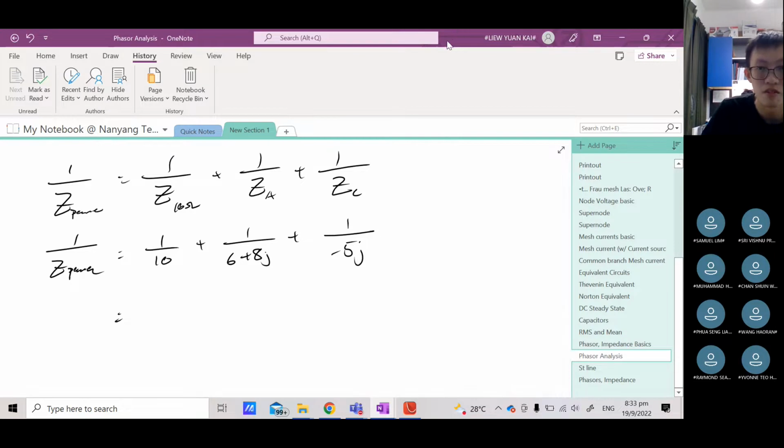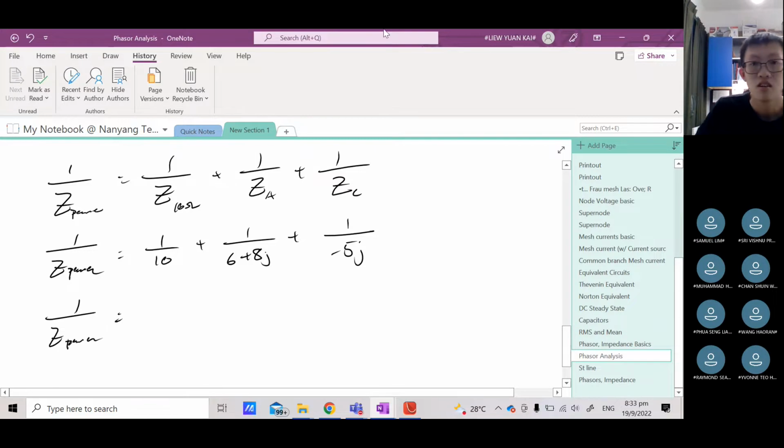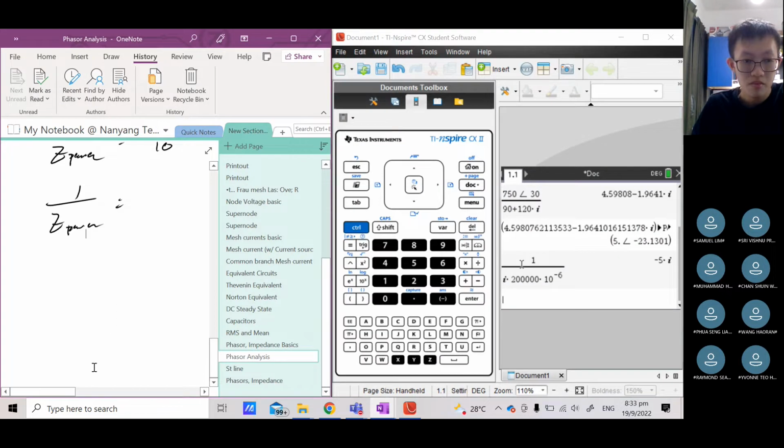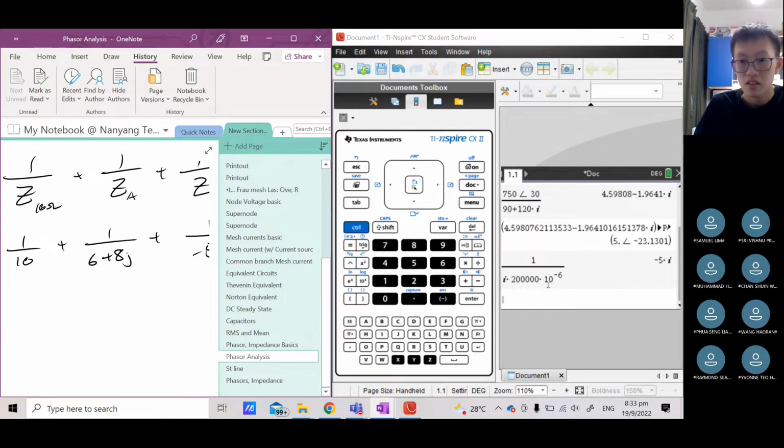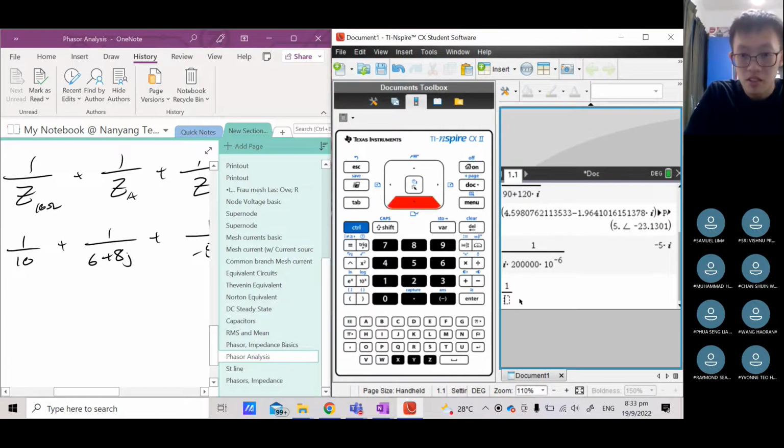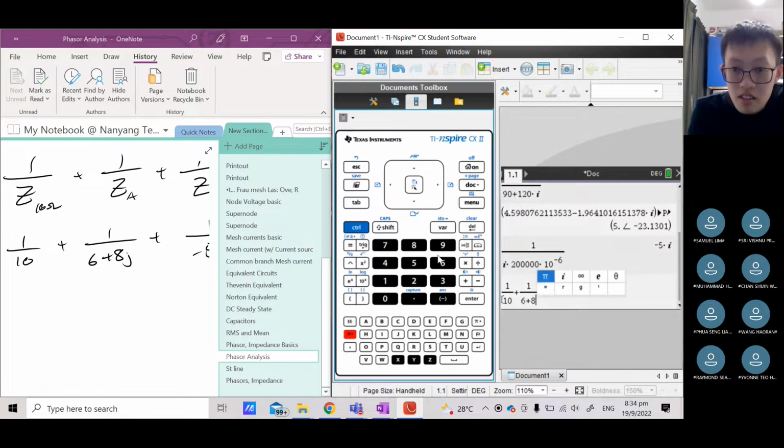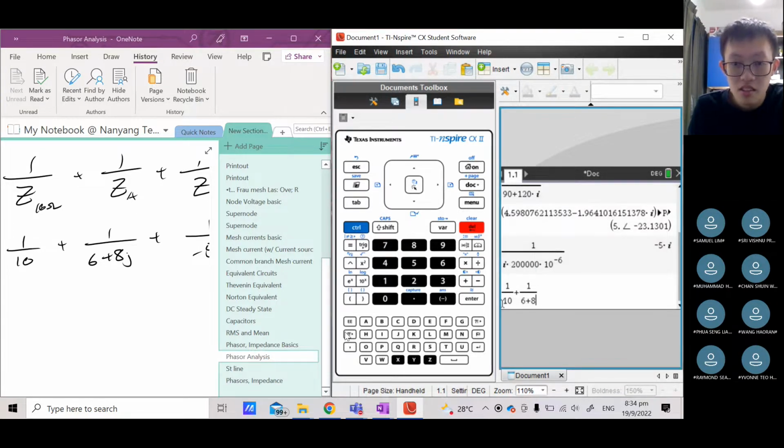So let us compute what is this answer. So 1 over 10 plus 1 over 6 plus 8j, plus 1 over negative 5j.